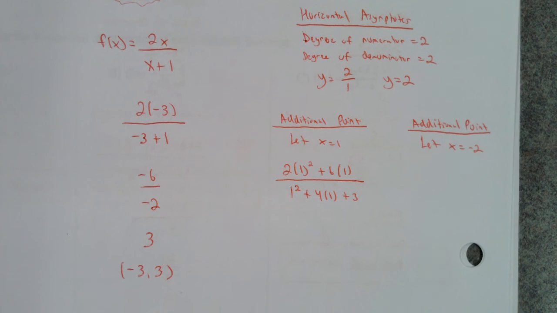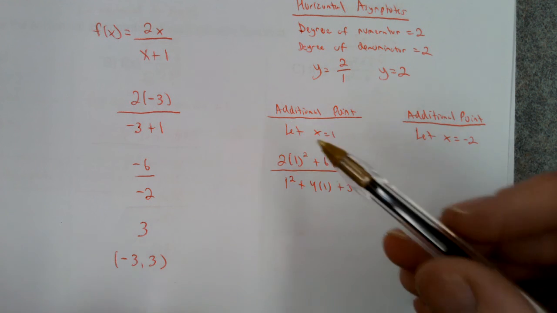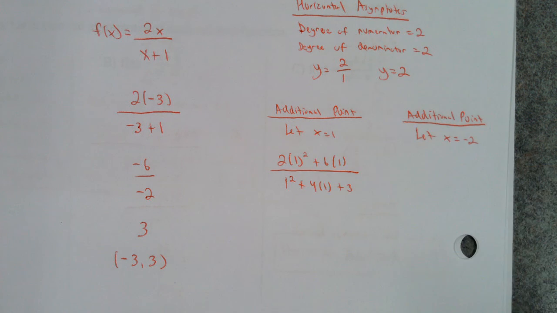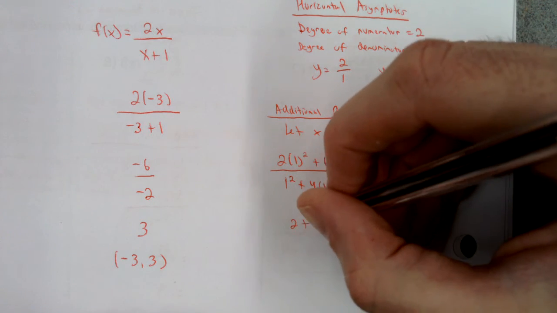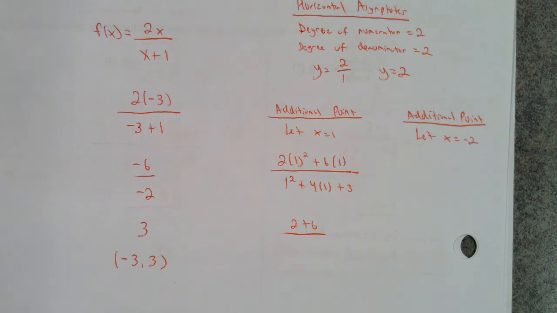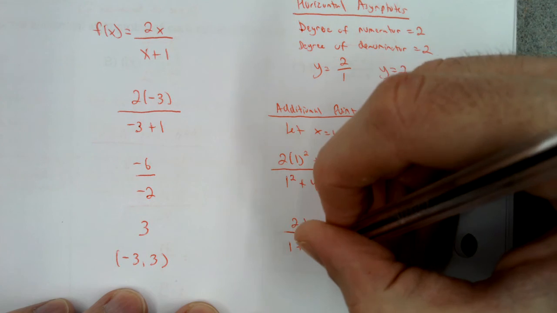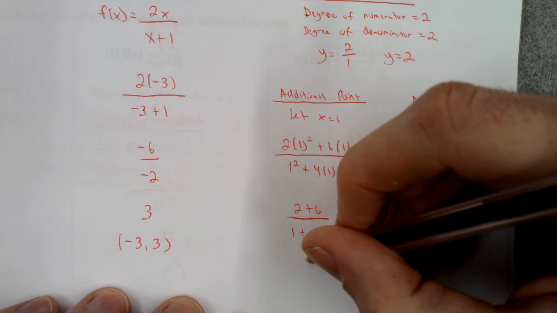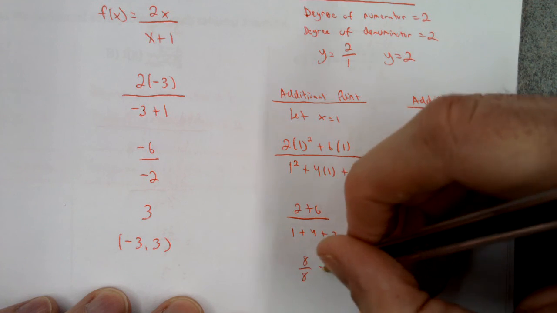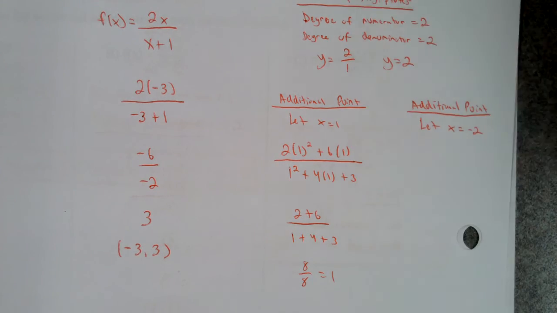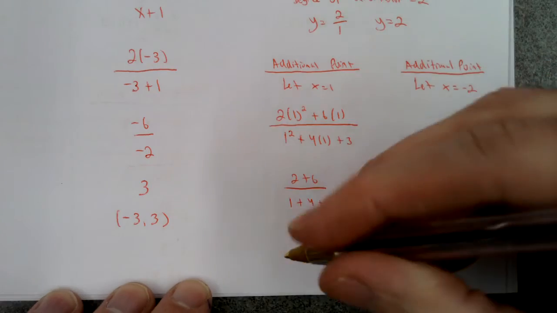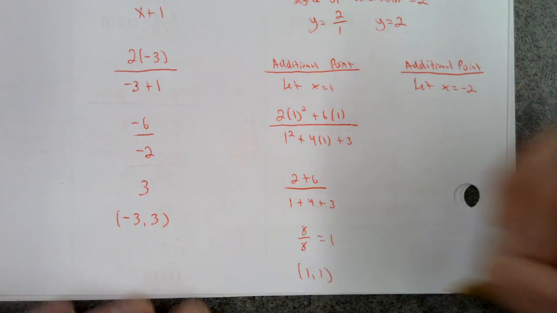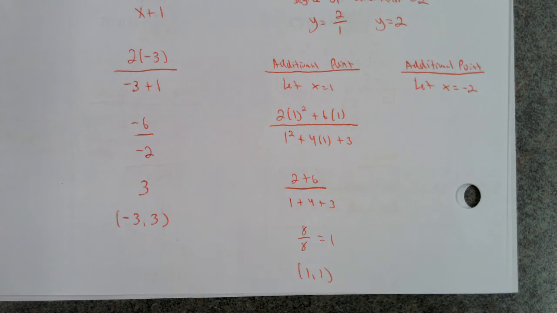So the numerator, order of operations: 1 squared is 1, times 2 is 2, 2 plus 6. The denominator will be 1 plus 4 plus 3. Eight over 8, which equals 1. So my additional point is going to be 1, comma 1. Let's graph that.